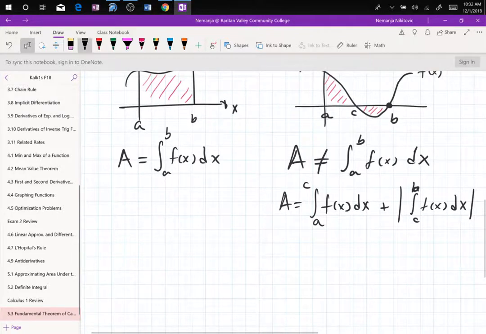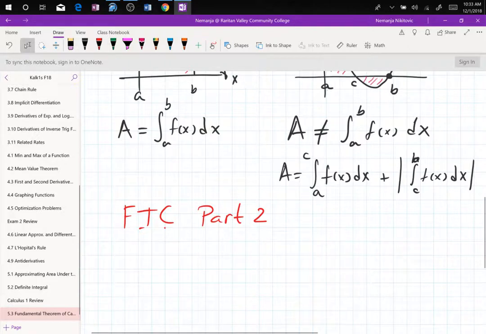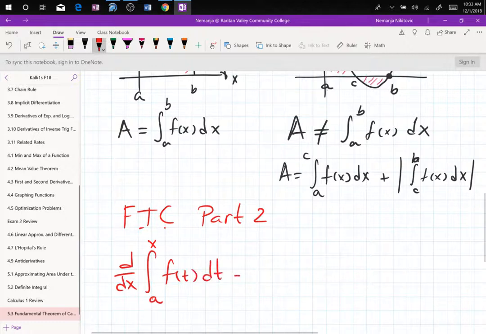Now, part 2 is the one that we focus on here. Fundamental theorem of calculus, part 2. That one states that the derivative of the integral from a to x of f of t dt is going to be f of x.